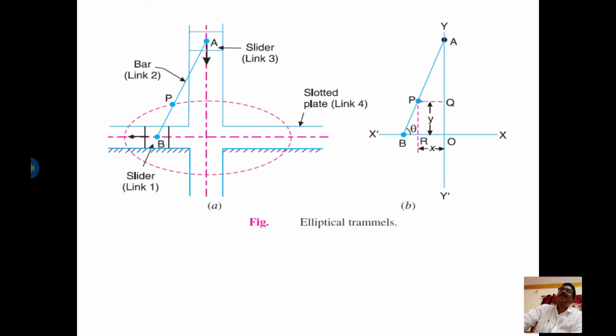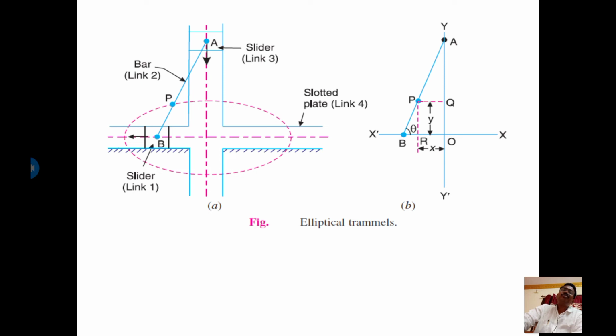Two sliders A and B in a slotted lever at right angles are connected to the bar, link 2. Now this slotted plate is fixed, and the two sliders A and B slide with link 4, the fixed link. Now the bar is oscillating.